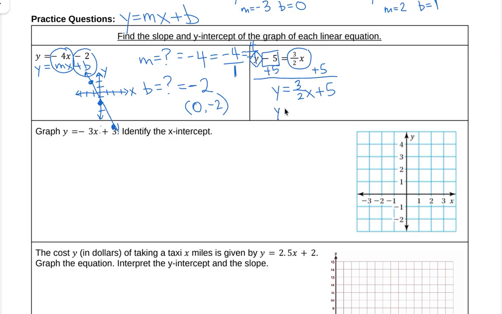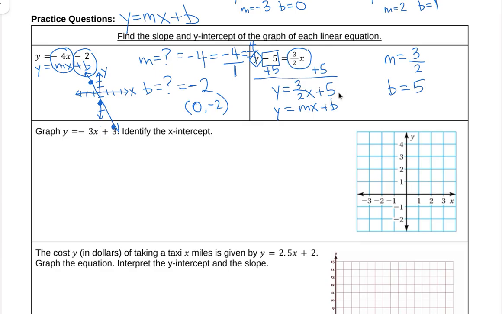Now let me try and overlay my formula and see what matches up. Well, it looks like this 3/2 is in the spot for m, so I'd say m equals 3/2, 3 up, 2 over, right? Rise over run. And then it looks like my b matches up with this +5. So this is the slope and the y-intercept of this equation.